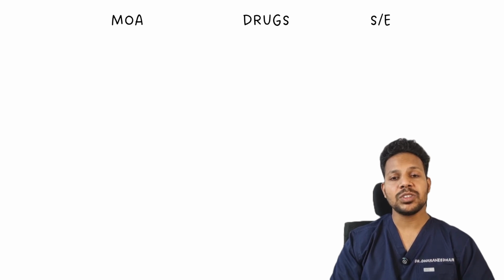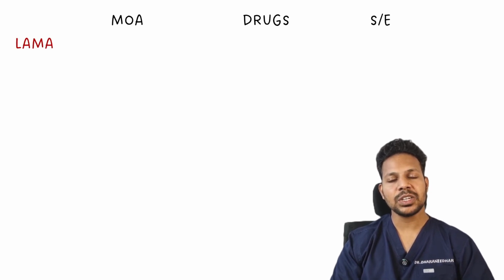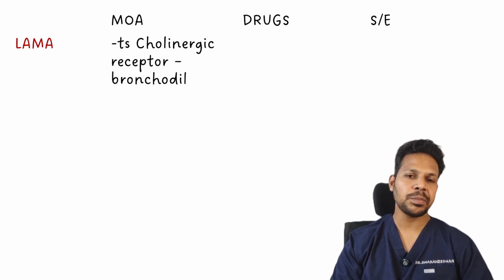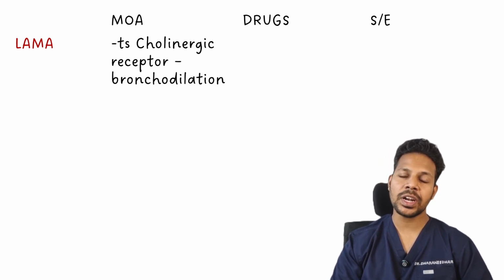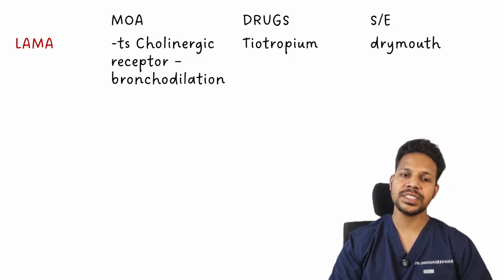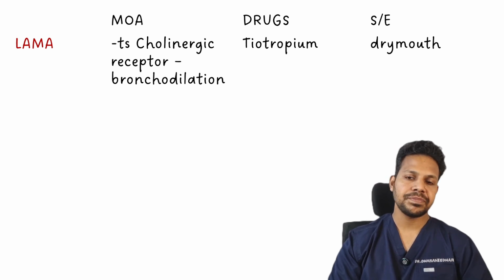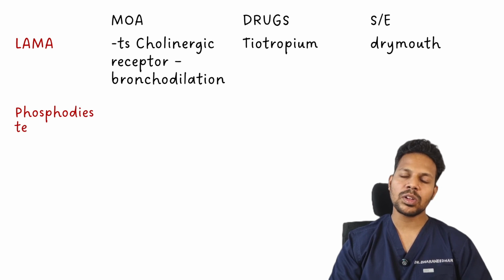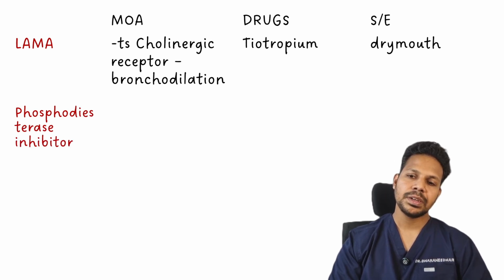Then long-acting muscarinic antagonists. They are going to inhibit the cholinergic receptor and further result in bronchodilation. The commonly used drug is tiotropium, and the side effect is dry mouth because it is an anticholinergic. And the next group of drugs are the phosphodiesterase inhibitors. These are also the xanthine derivatives.